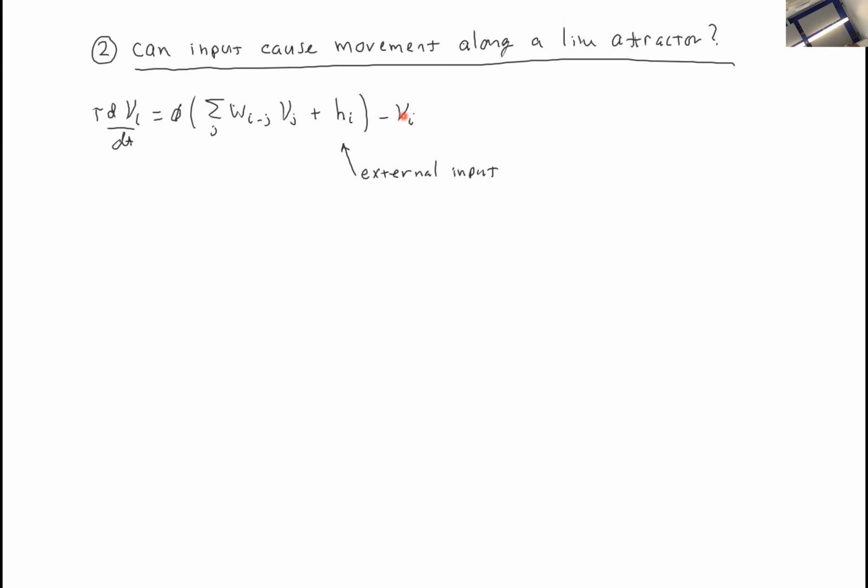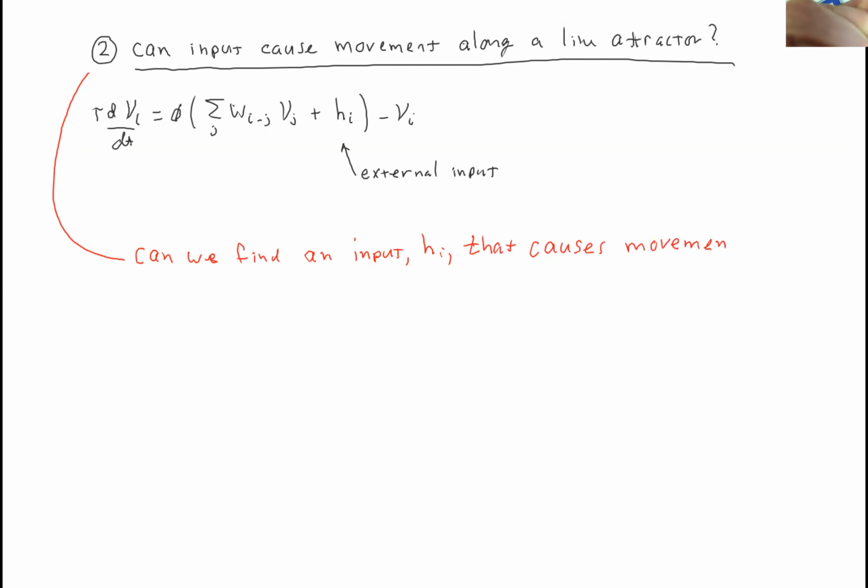So the question we want to ask is, can we find an input h_i that causes movement along the line attractor?